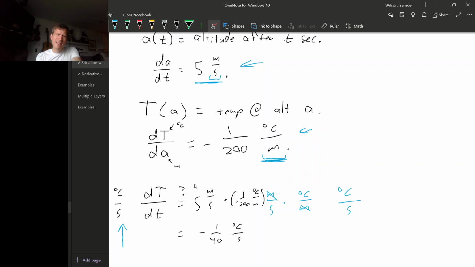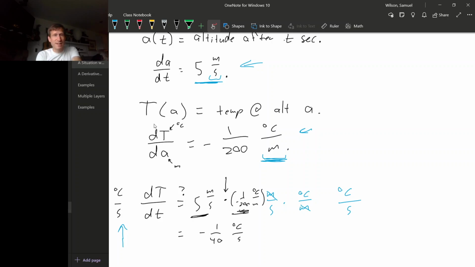And that has a certain amount of intuitive appeal, because if you're going up at 5 meters per second, and every meter that you go up, the temperature goes down 1/200 degrees Celsius, then it seems like just multiplying how many meters you go up by the change per meter is the right thing to do. So in addition to getting the units right, this multiplication seems intuitively correct.